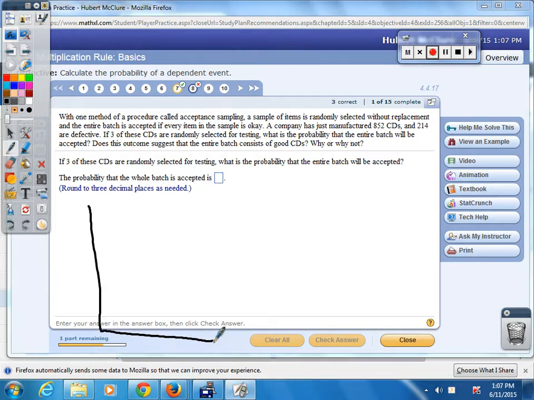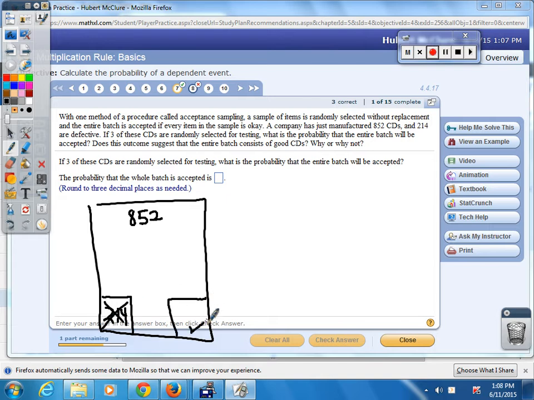So we've got a batch of CDs here, and we know that 852 are in there, and out of 852, 214 are bad. So if 214 are bad, how many are good? 638.